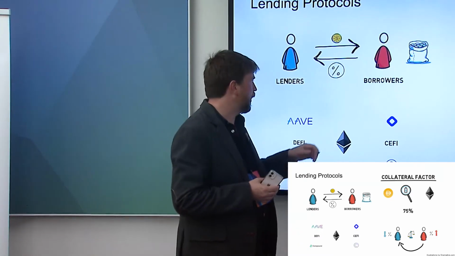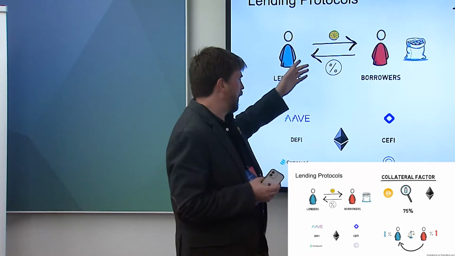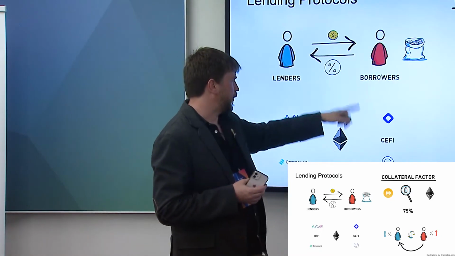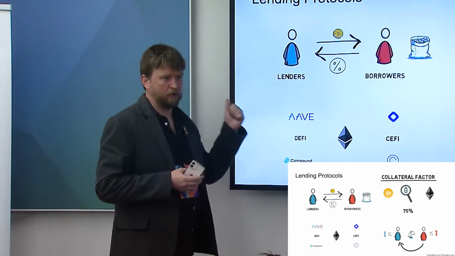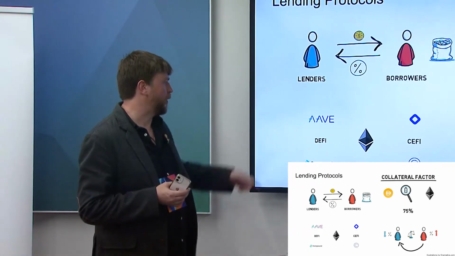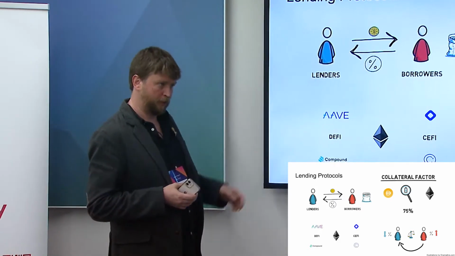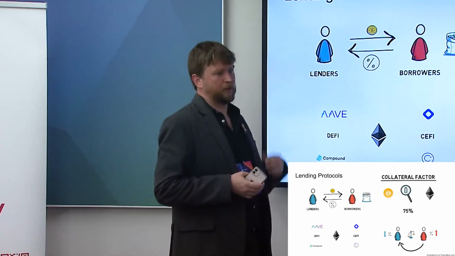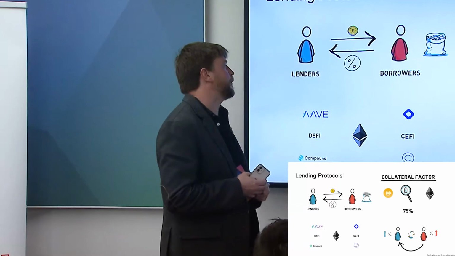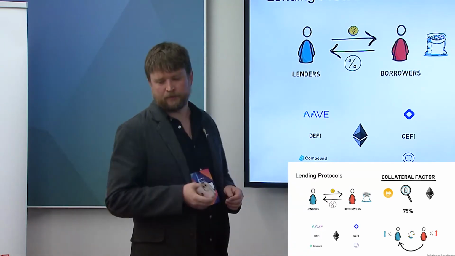You can do a centralized way, like the one from BlockFi or Celsius, or you can do a decentralized way, like Aave or Compound. I mean, there are many more protocols than this. We are just looking at those two for historical reasons, because they were among the first, and still very popular.